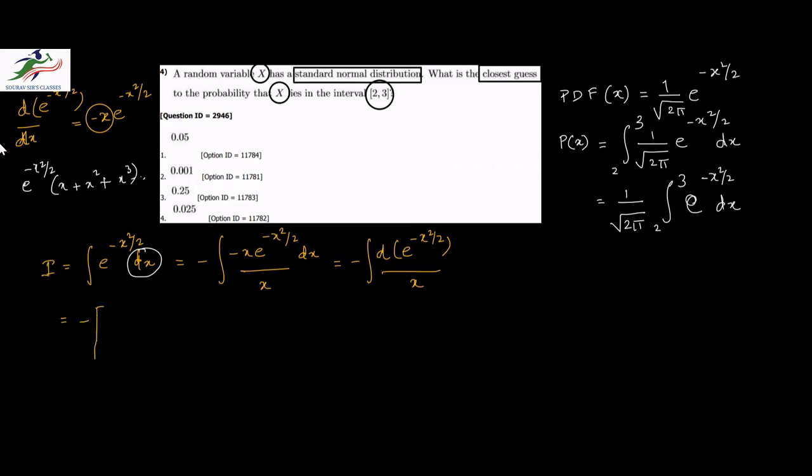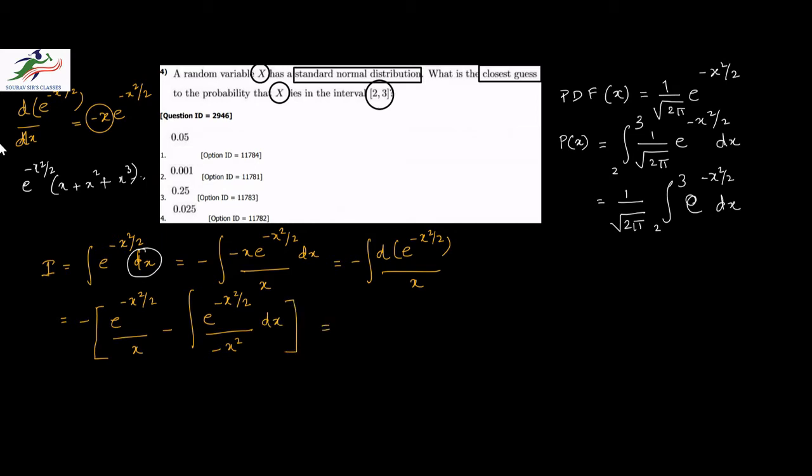So this will give us minus of e to the power minus x square by 2 over x minus integral of e to the power minus x square by 2 into the differential of 1 over x, which is minus x square dx.